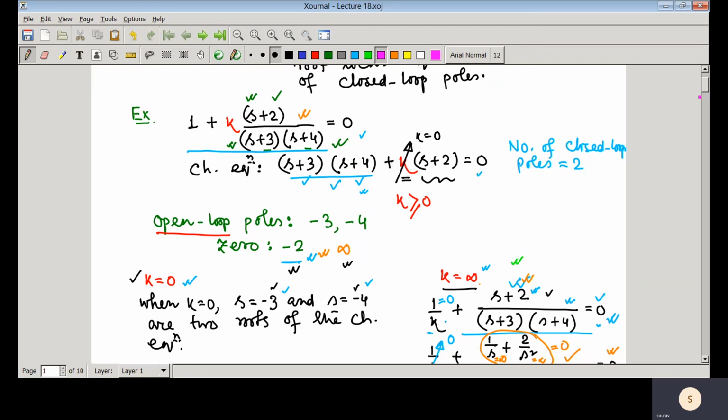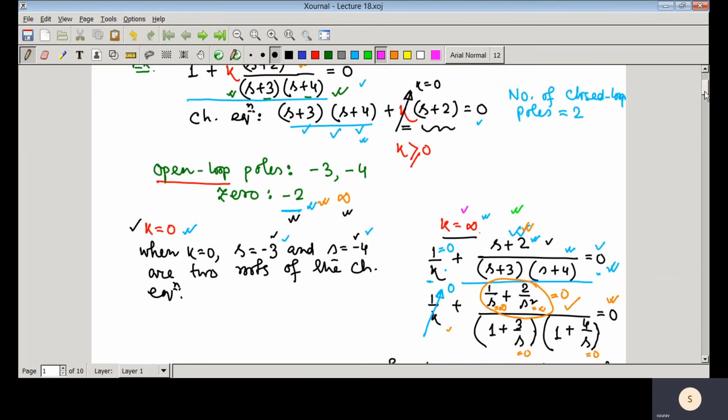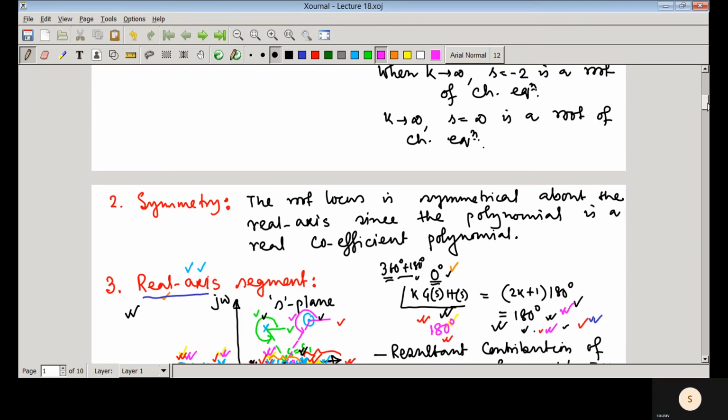Whenever k equals 0, the open loop poles and the closed loop poles coincide, and when k tends to infinity, we have seen that the root locus ends at the open loop zeros. Then the next rule is symmetry: as the characteristic polynomial has real coefficients, it is symmetric with respect to the real axis.